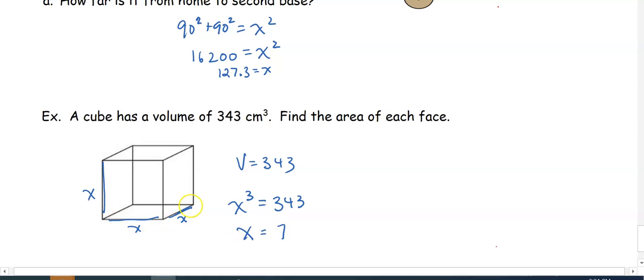So now I know the side length is 7. If we want to find the area of one face, the area of one face is length times width, or 7 times 7, which is 49 square centimeters. All right? So that is square and cubed roots.